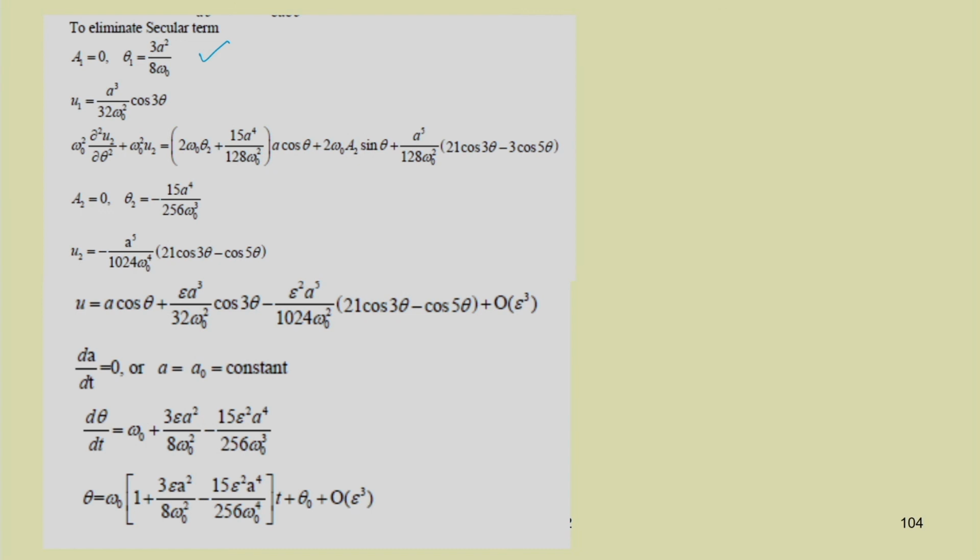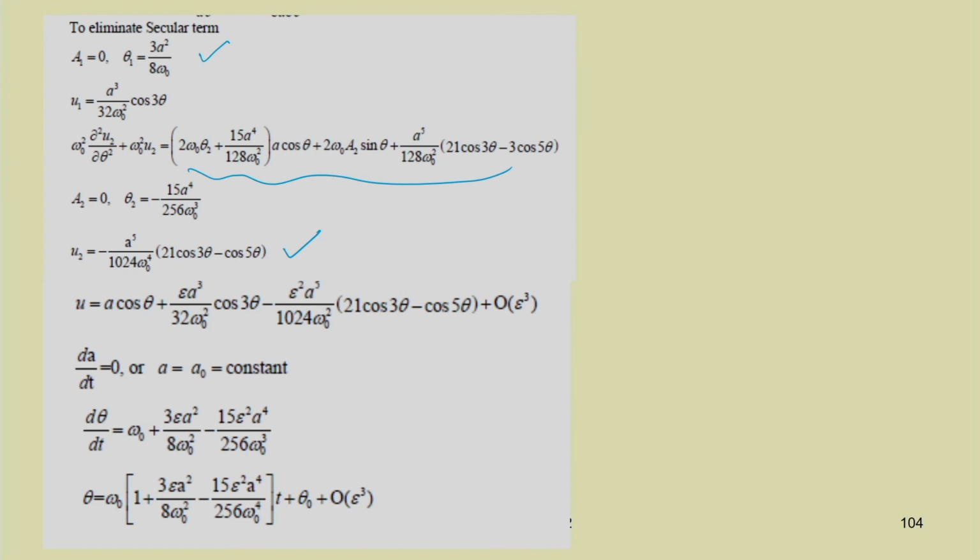Similarly, omega 0 square d square u2 by del theta square plus omega 0 square u2 equals this term. From these equations one can get A2 equal to 0, theta2 equal to minus 15 a fourth by 256 omega 0 cube. Similarly, one can obtain u2 also from this equation.